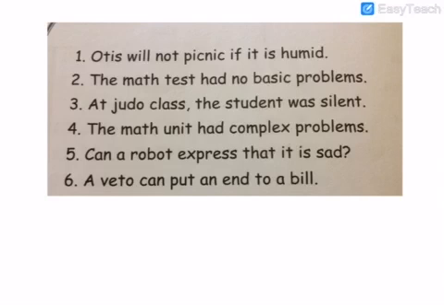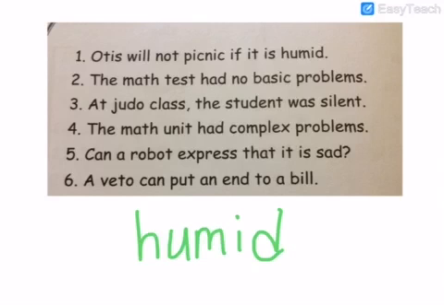Let's take a look at this word, spelled H-U-M-I-D. That word is right here in the first sentence. Now, how do we look at this word? Well, first we're going to identify the first two vowels.